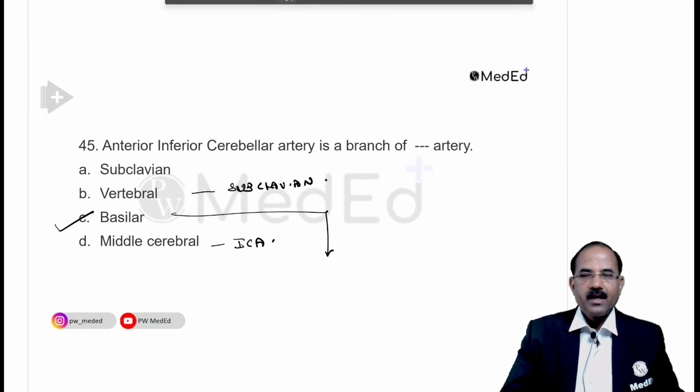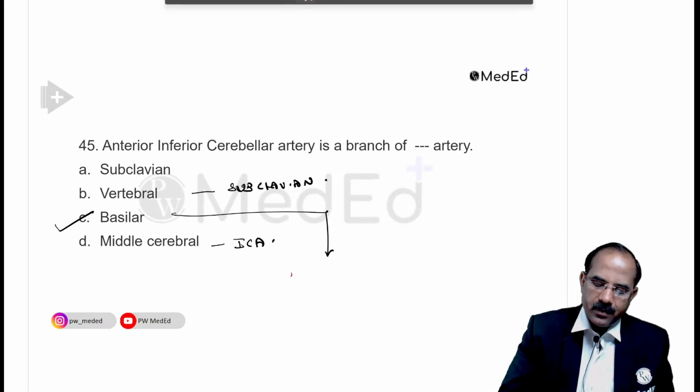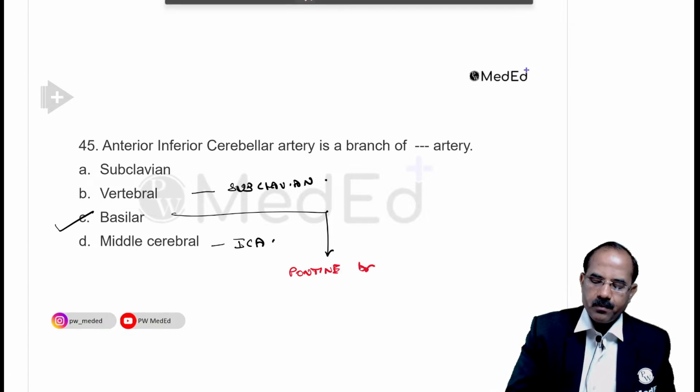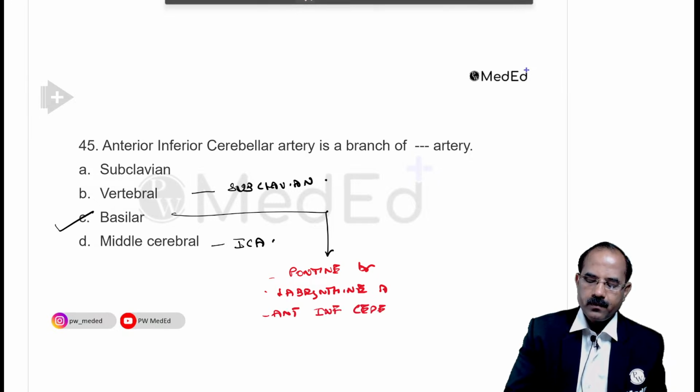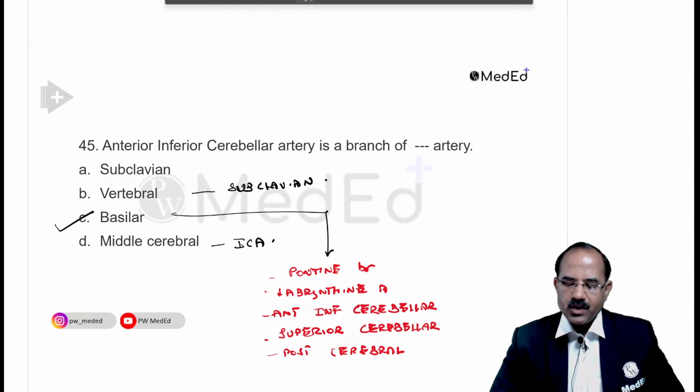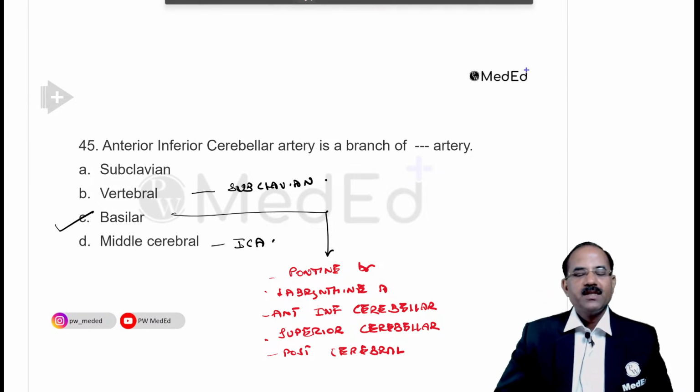Which are the other branches of the basilar artery? I'll just name them for you. The other branches of the basilar artery are, one, pontine branches; second, labyrinthine artery; third, anterior inferior cerebellar artery; then the superior cerebellar artery, and the posterior cerebral artery.